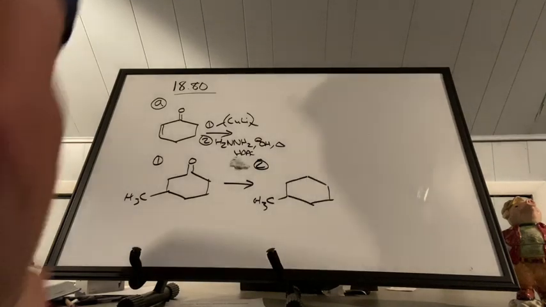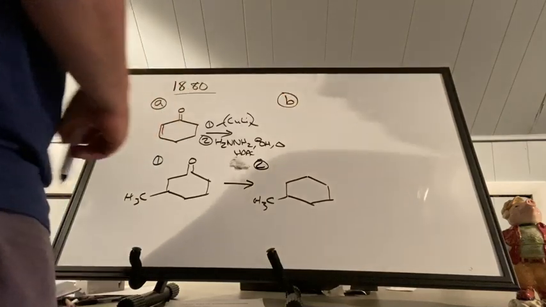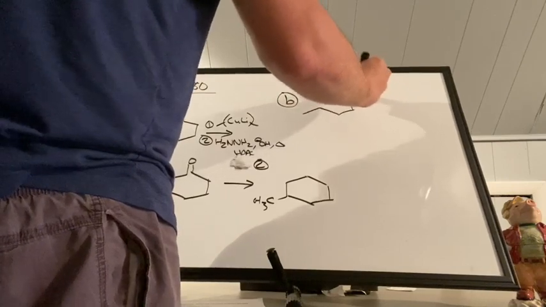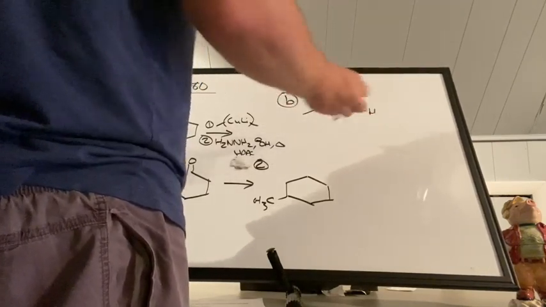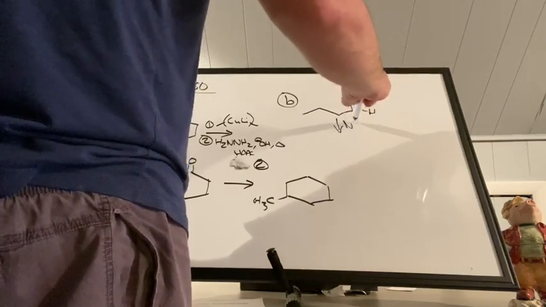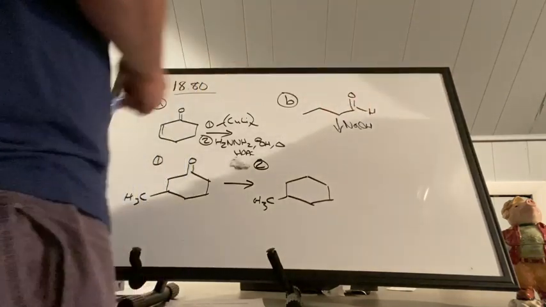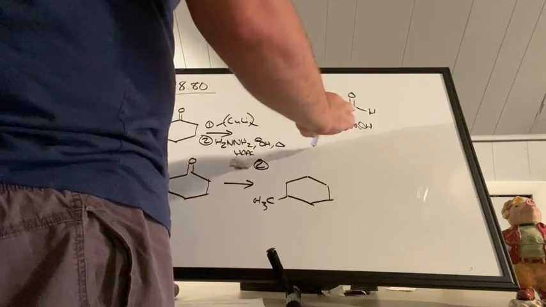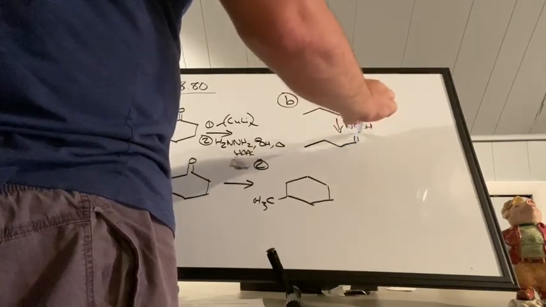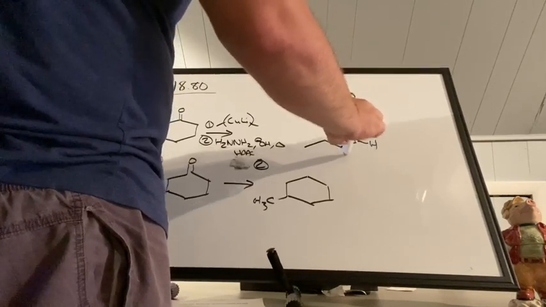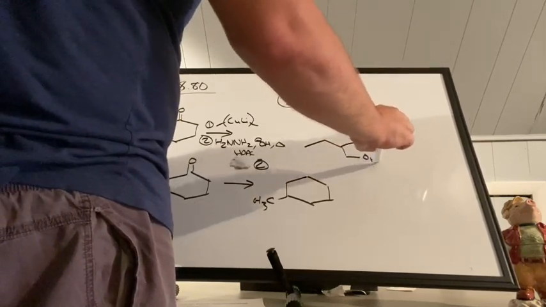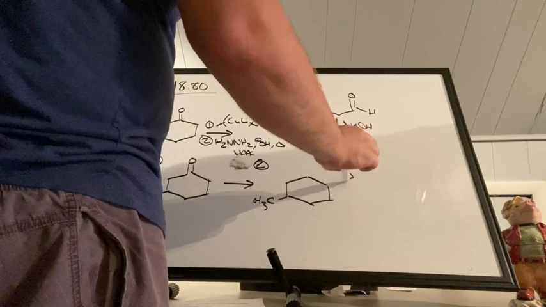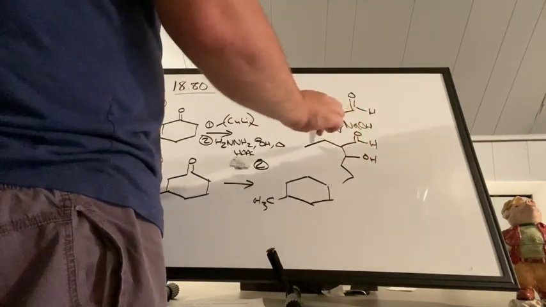Okay. For B, so using this particular aldehyde, reacting it out with NaOH. So presumably a half concentration. So you do aldol condensation. I'll write what that's going to look like here. So 1, 2, 3, 4, 1, 2, 3, 4.